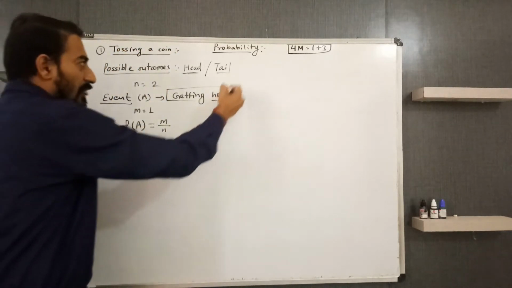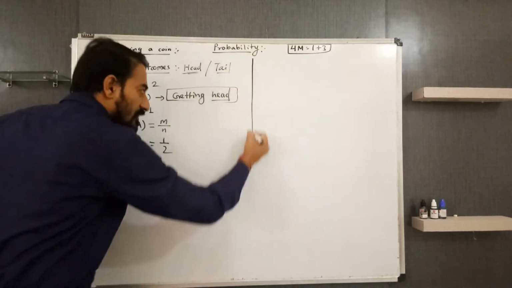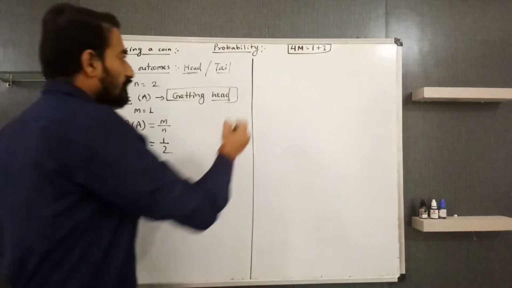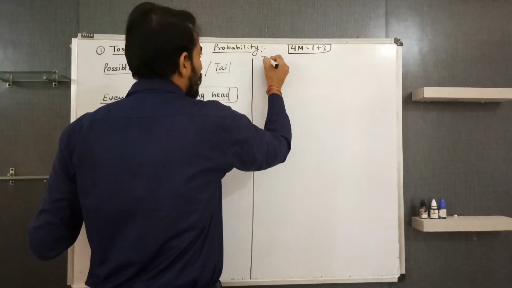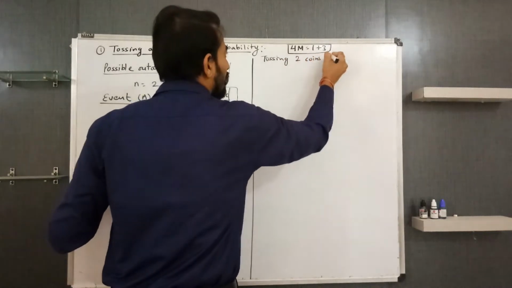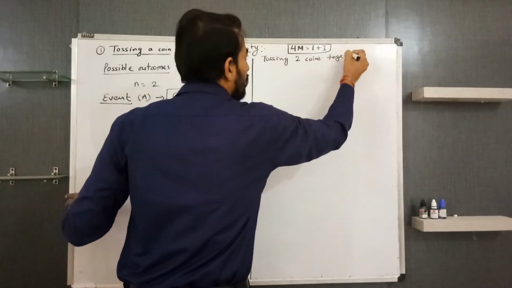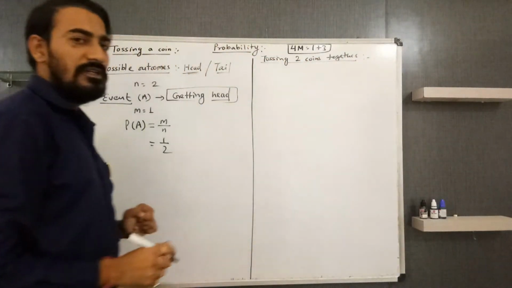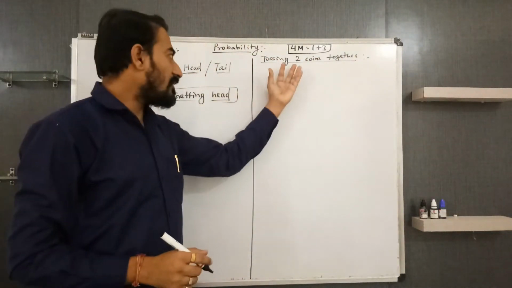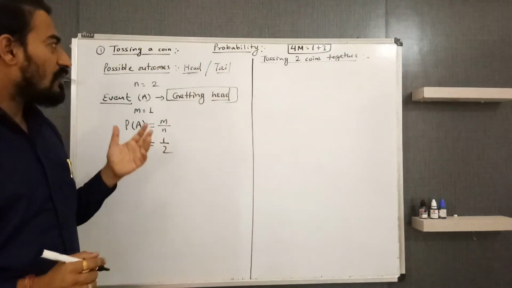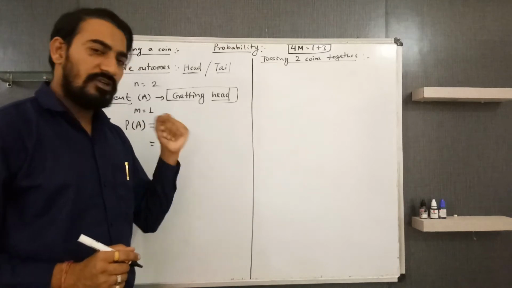Now, in case of tossing two coins together or one coin twice, if we collect the outcomes of both the coins together, then what are the possible outcomes?